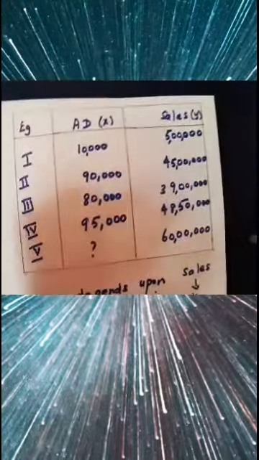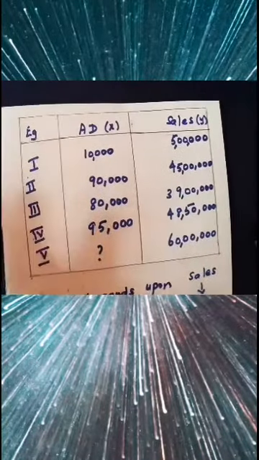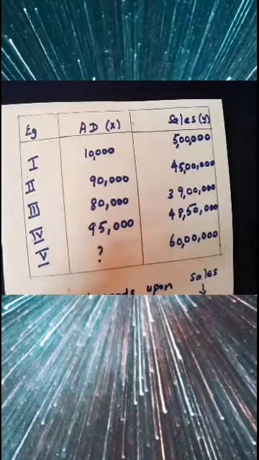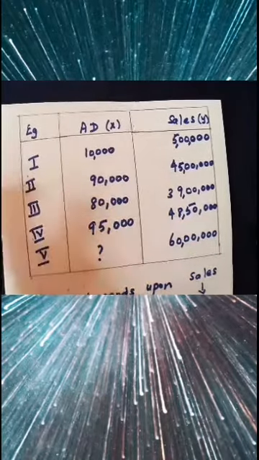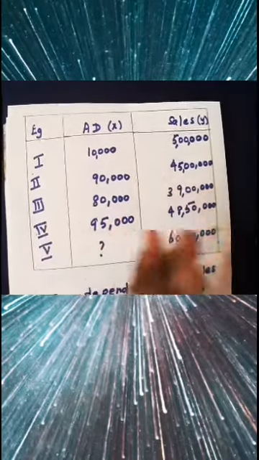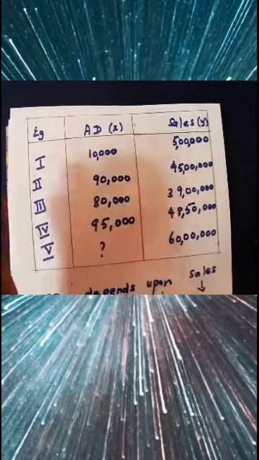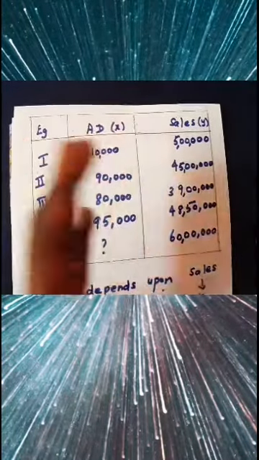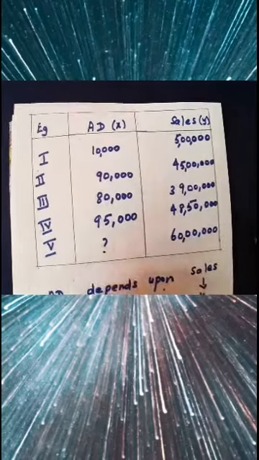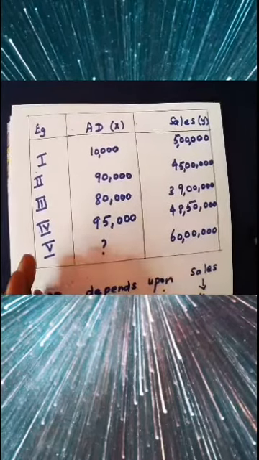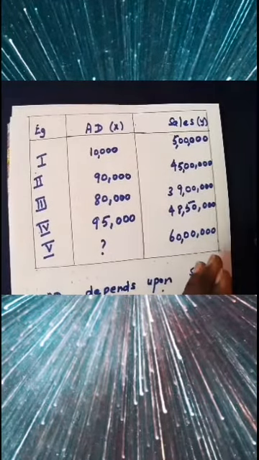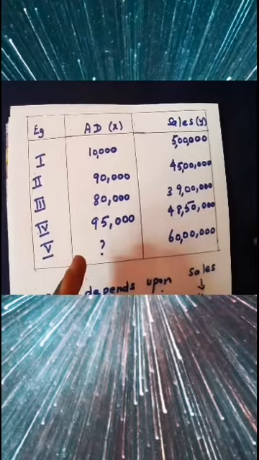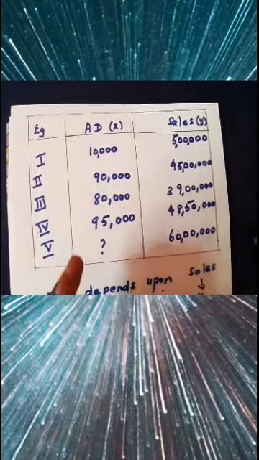Similarly, then we discussed the same example. You have advertisement, you have sales. I'm investing 10,000 in my first year, and the sale is going to be 5 lakh. Then in the 5th year, if I'm going to get the sale of 60 lakhs, what will be the investment in the advertisement?